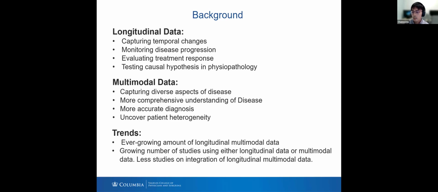Recently, the amount of longitudinal multimodal data is growing enormously. There are a growing number of studies using either longitudinal data or multimodal data, but there are relatively fewer studies on integration of longitudinal multimodal data.